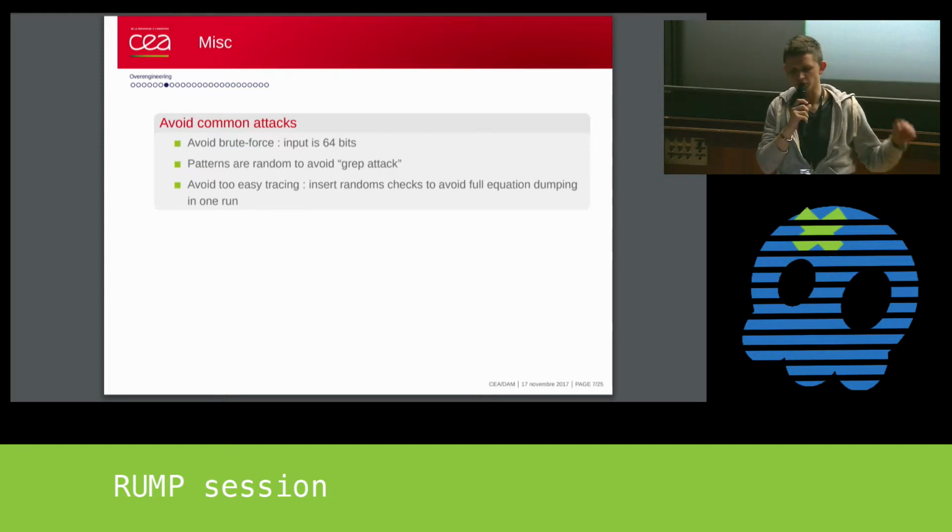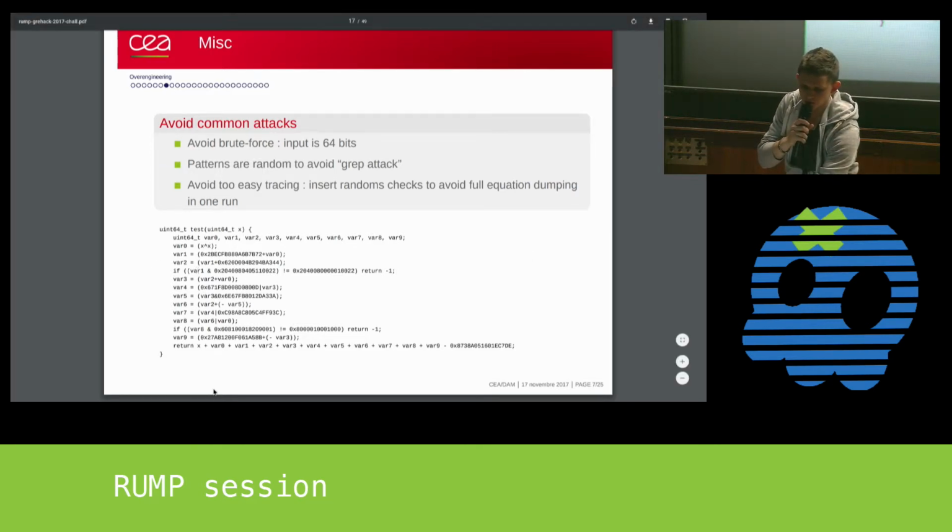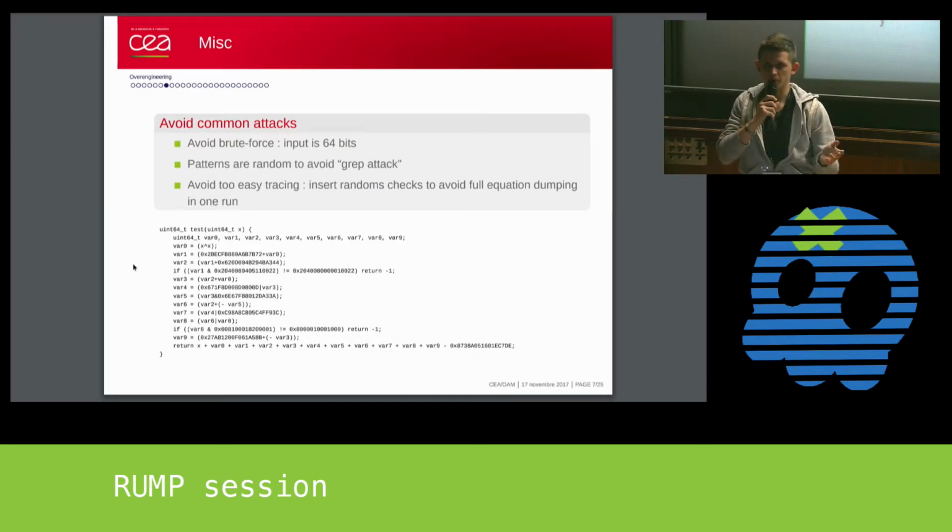So we insert random checks to avoid a full equation dump in just one run. You can see there are conditions here and here. You just check a bit mask, and with a random input you probably won't be able to go through it.